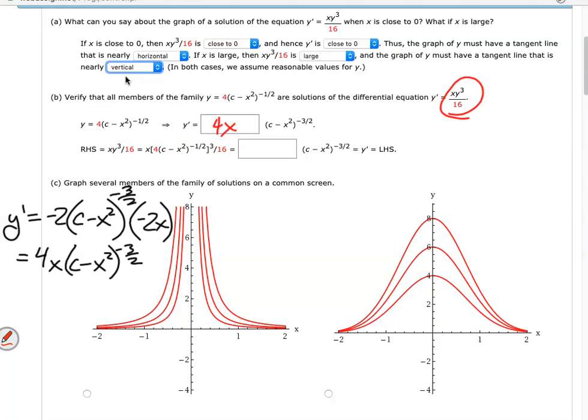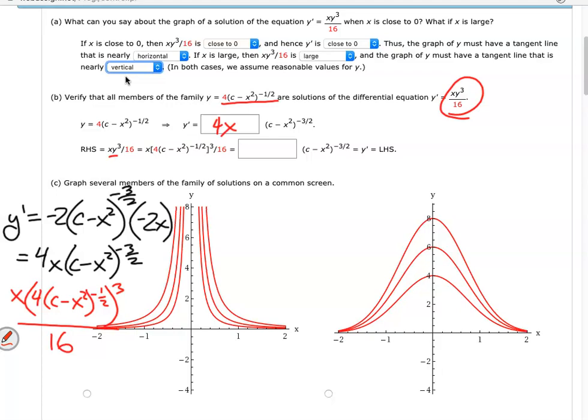What they're saying is, let's replace this y with what it is. If we replace the y in here with 4 times c minus x squared to the negative 1/2, we'd get x times 4 times c minus x squared to the negative 1/2 quantity cubed over 16.